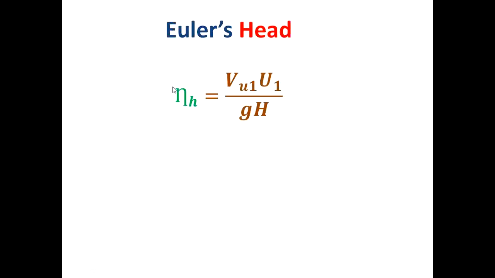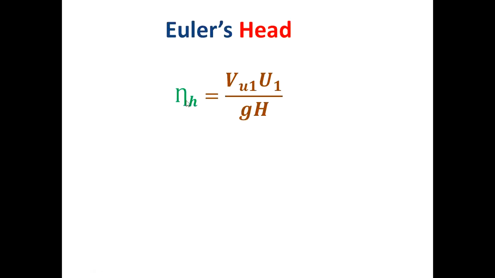Euler said, you people know this equation, that is amount of energy supplied per unit mass, it is equal to VU1 U1 into M and G into H into M. M is nothing but rho Q. VU1 U1 into M, M is nothing but rho into Q. Rho Q will get cancelled.